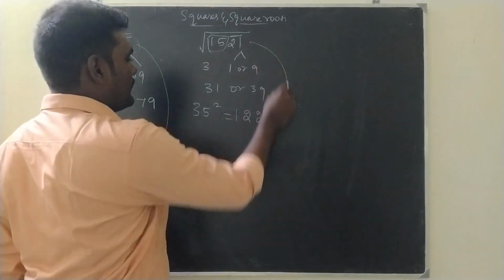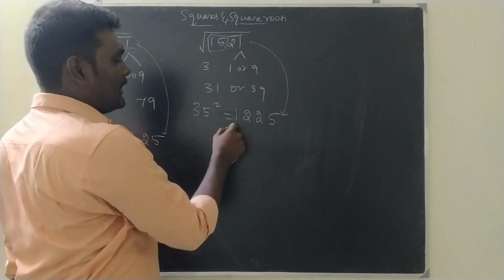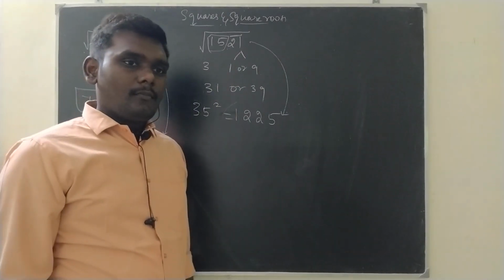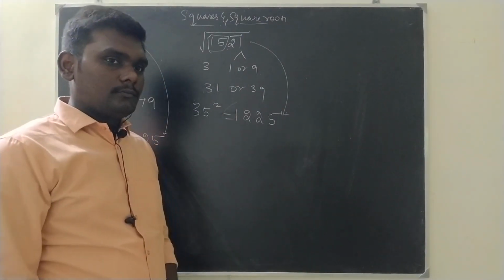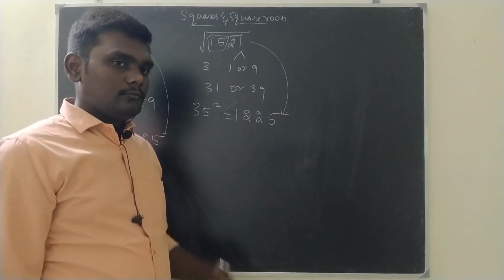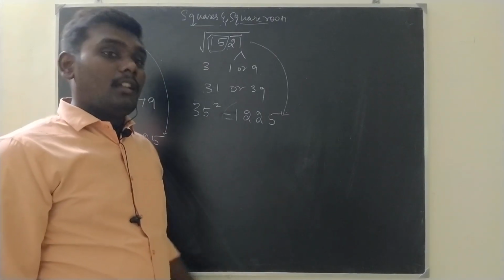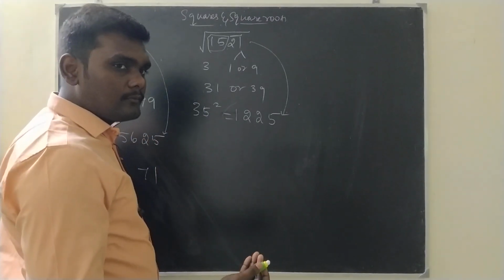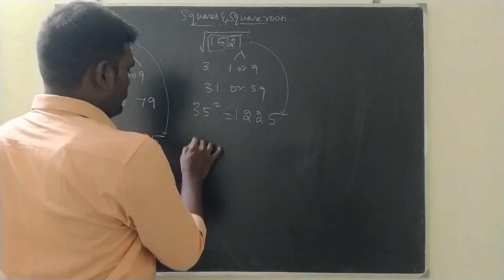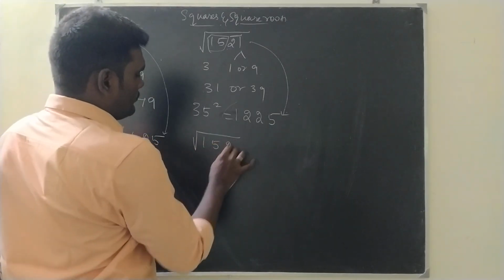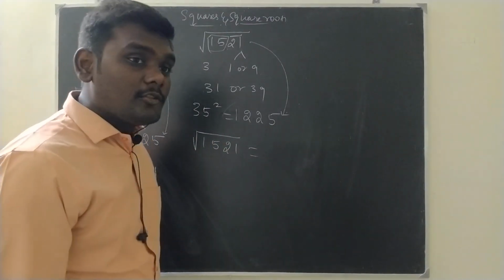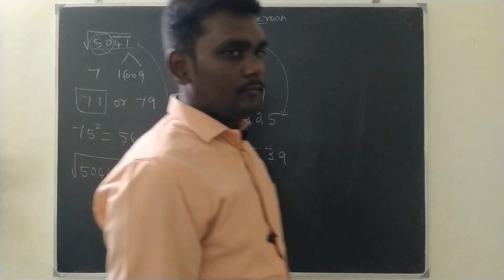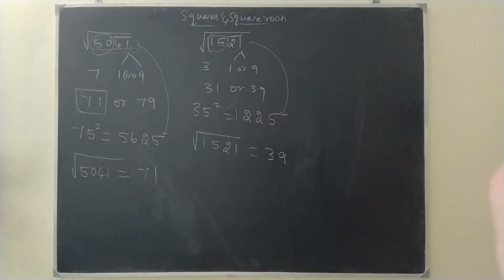Now compare these two numbers. Whether the given number is greater than this, exceeds this, or below this. Greater. So greater means which number we should choose? It is 39. Okay, clear?